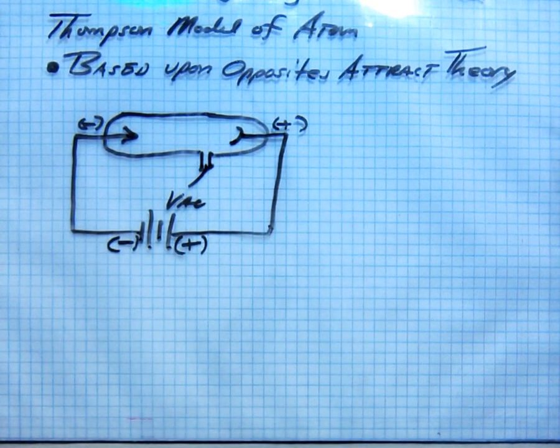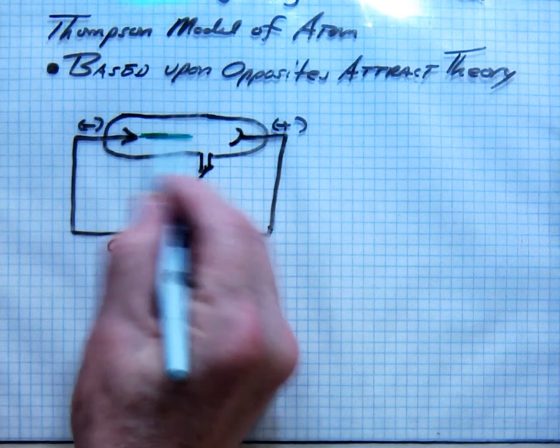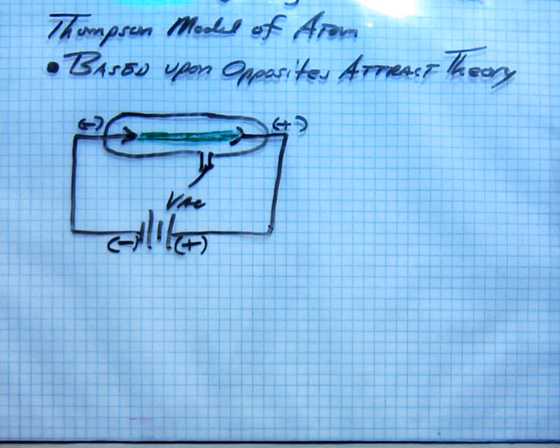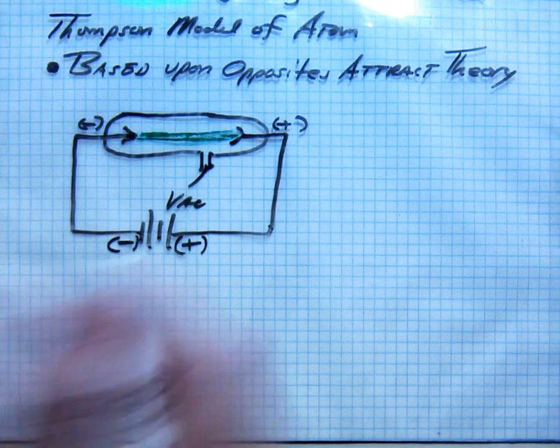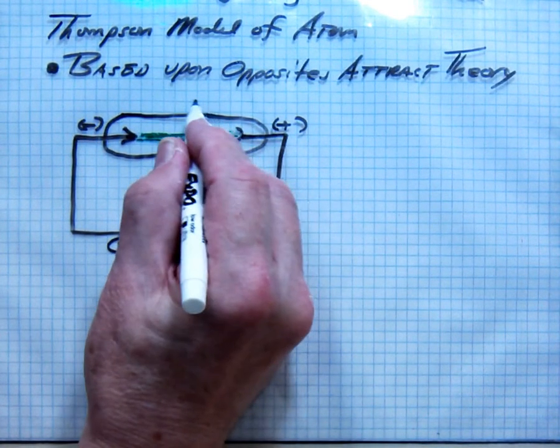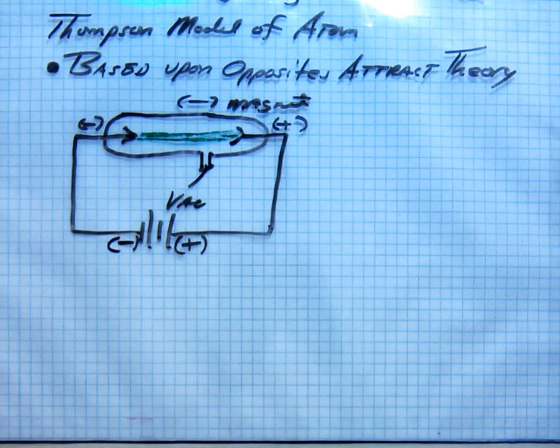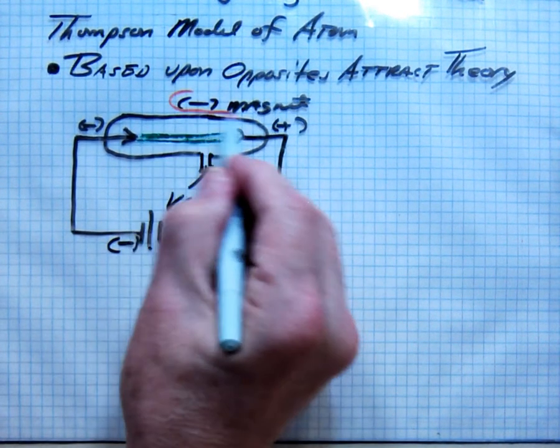When connected, what you see is a green beam going between the negative electrode and the positive electrode. If a magnet were brought close to it, a negative magnet, what you would see is a deflection going away from it. So let's say we're talking about a magnet.